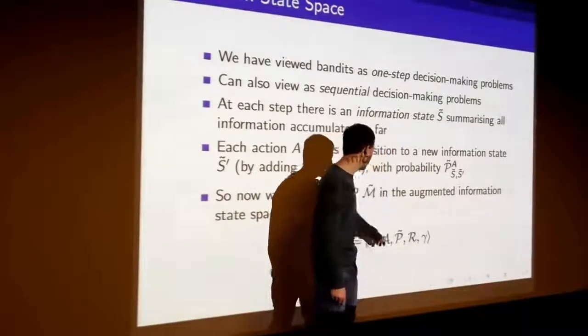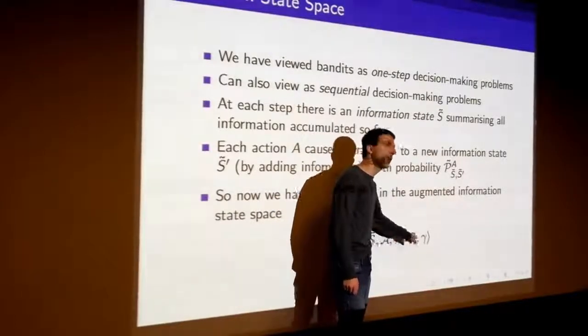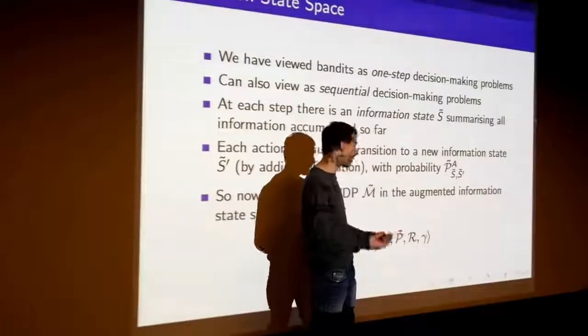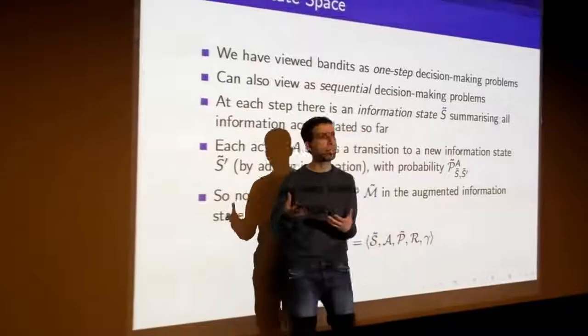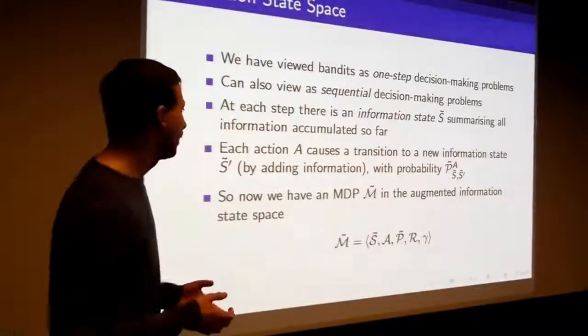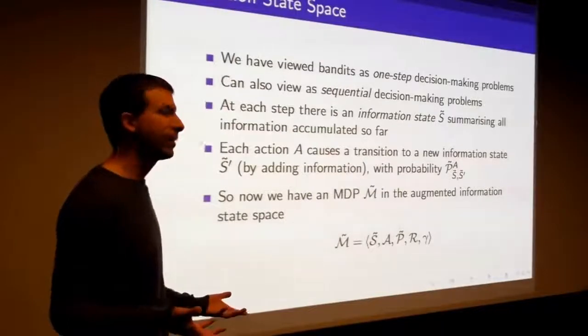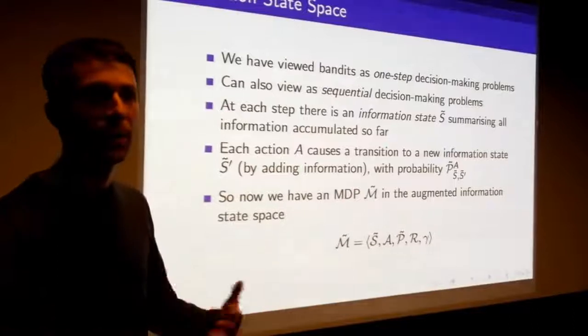We've augmented our original bandit problem, which was A and R, to make an MDP that takes us from information state to information state as we traverse this bandit, as we try different things. This is a very large MDP. This tells us about all the different possible information states we could be in as we start to explore this bandit.